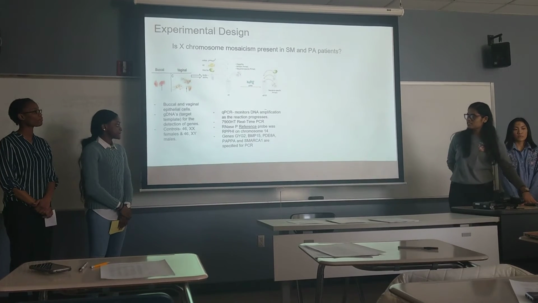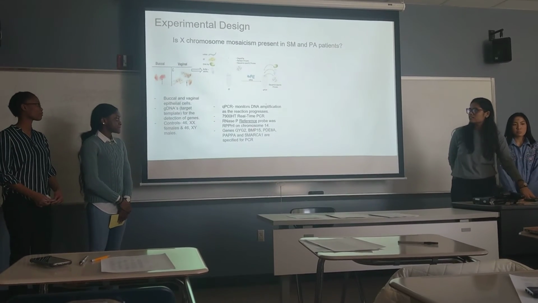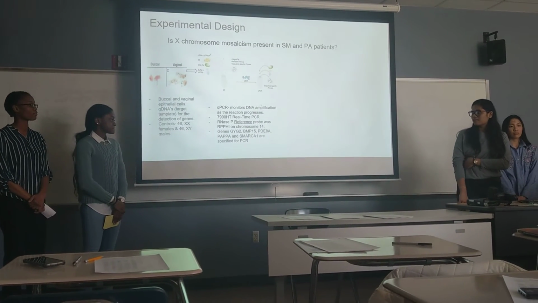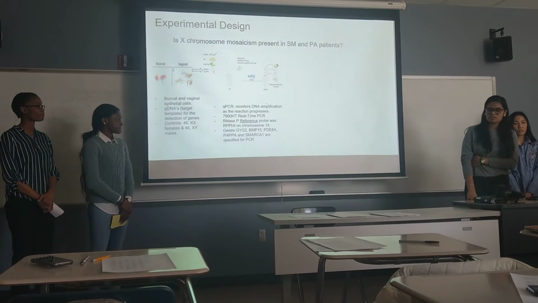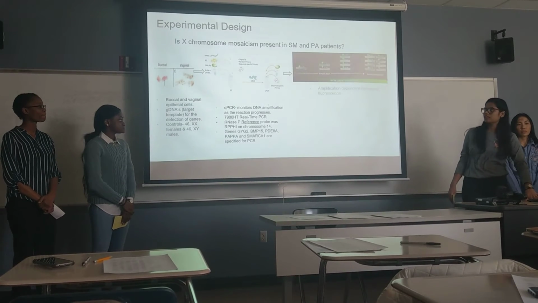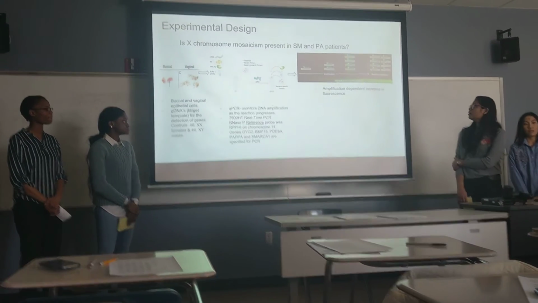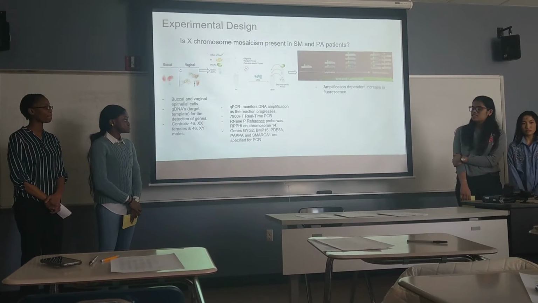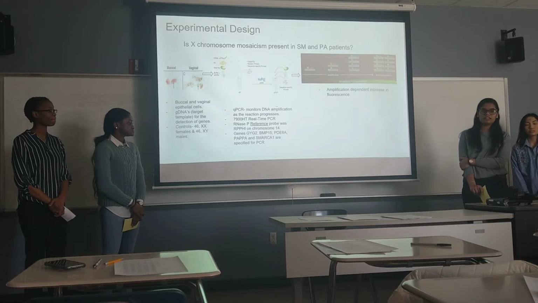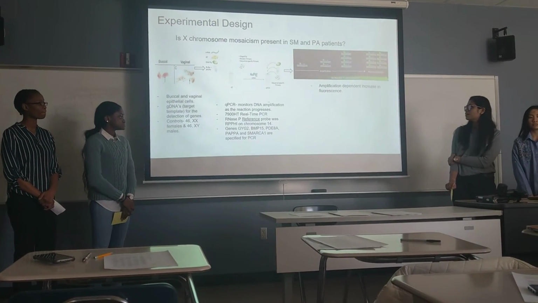The genes that were specified were GYG2, BMP15, PDE8A, as mentioned earlier, and the PAPA gene, and the SMARCA1. Based on the results from the PCR, the increased fluorescence indicates the increase in the cycles and an indication of the amplified DNA.